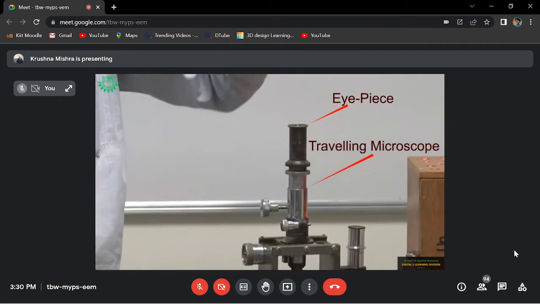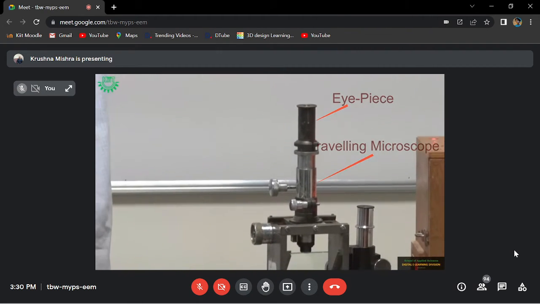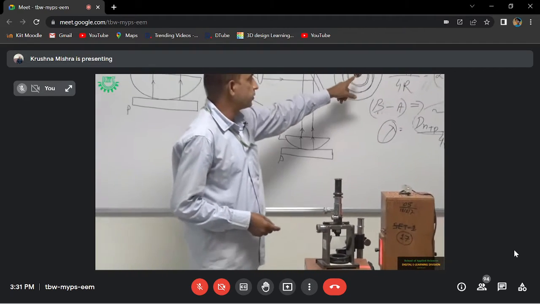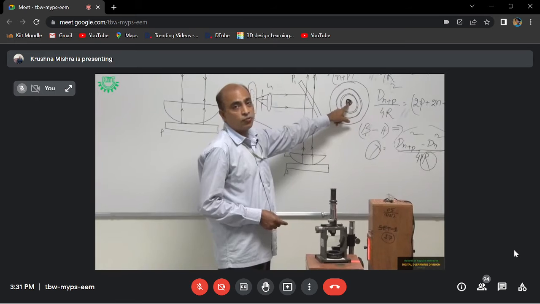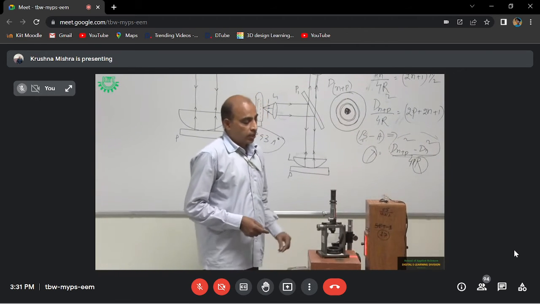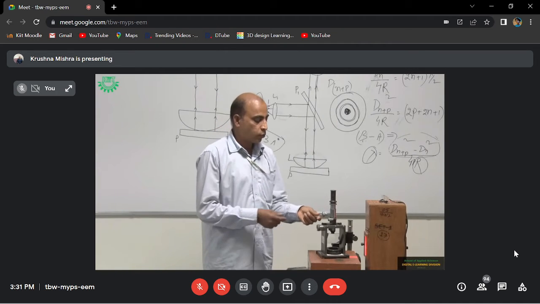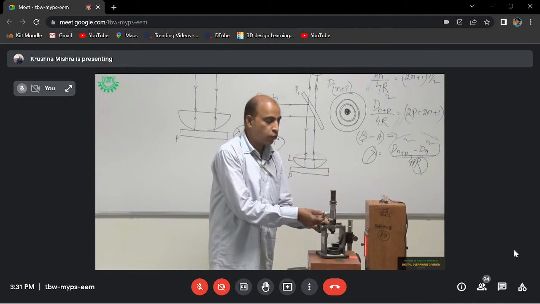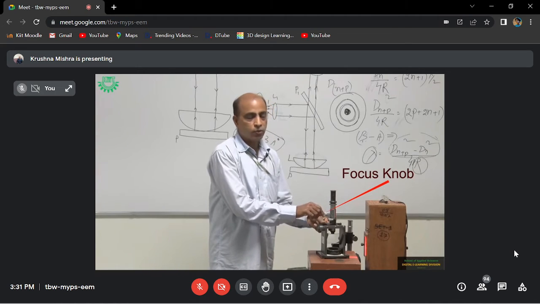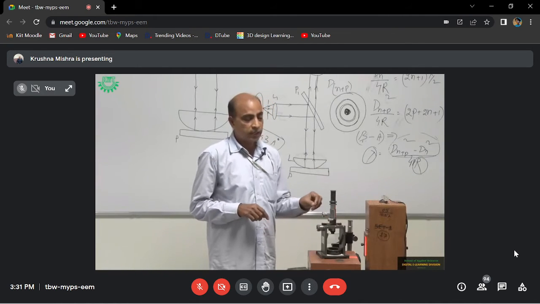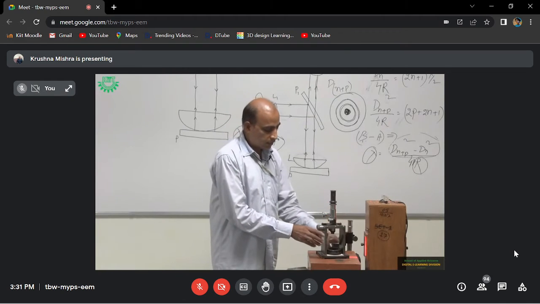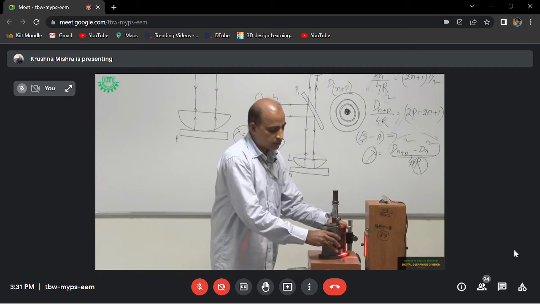In it we will see a cross wire, and the intersecting point of the cross wire must coincide with the center of all the concentric rings. We have to adjust this with this focusing knob so that we can see the rings properly. We can focus it, and there is a scale here that we can see.